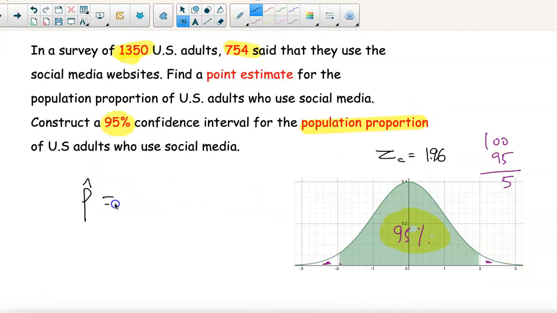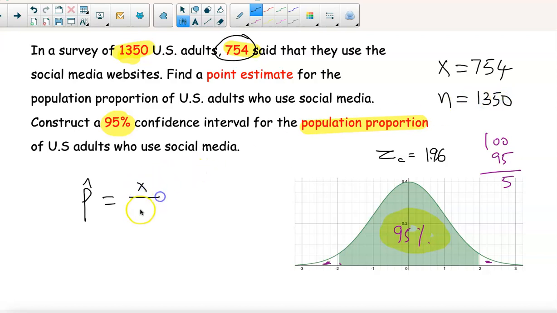So P hat is equal to, what is the X here? X is the successes, that is 754, and the total, that is N, is 1350. P hat is X over N, that is equal to 754 divided by 1350.